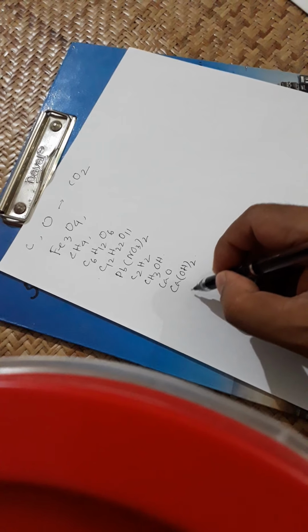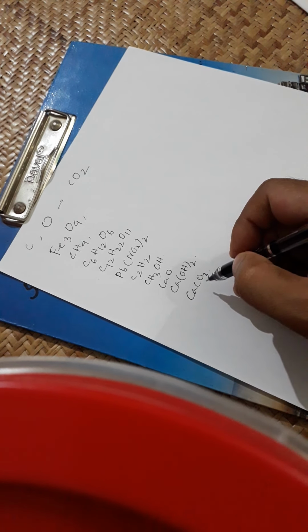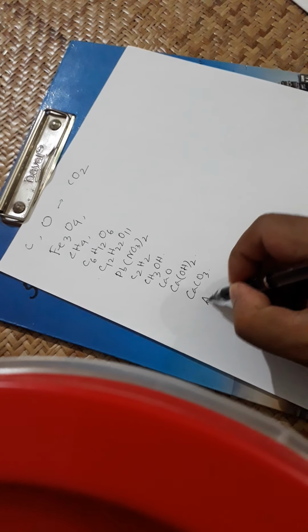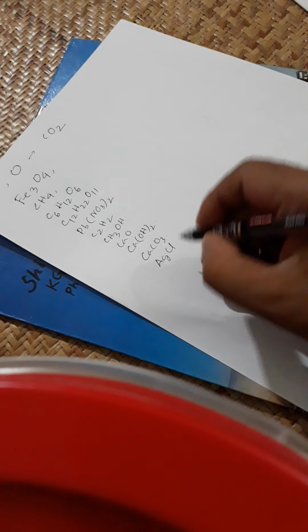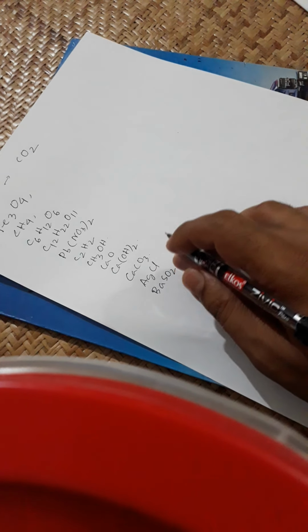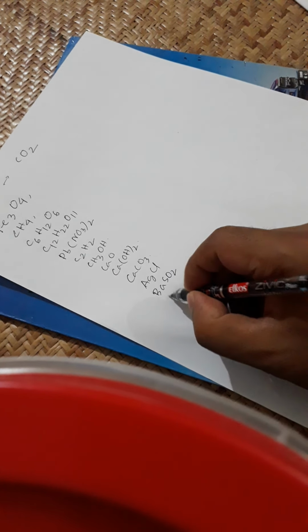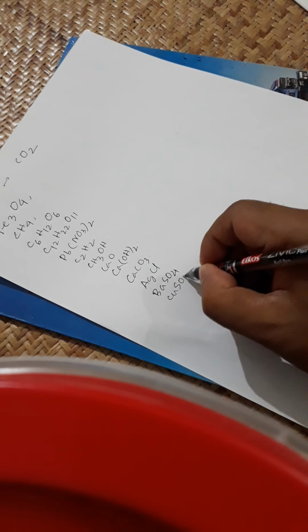Then limestone, CaCO3. Silver chloride, AgCl. Barium sulfate, BaSO4. And then copper sulfate, CuSO4.